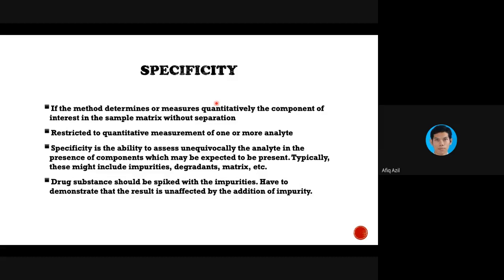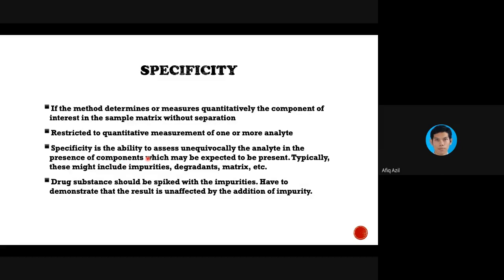Specificity. In terms of specificity, the method determines or measures quantitatively the component of interest in the sample matrix without separation. So the samples are not, how to say, separated from the matrix. So it is restricted to quantitative measurement of one or more analytes. It will be able to assess the analyte in the presence of components which may be expected to be present.